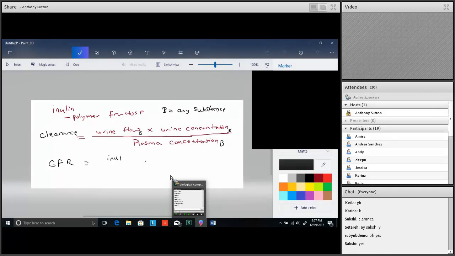Except all we do is replace inulin, right? The urine flow of inulin times the urine concentration of inulin over the plasma concentration of inulin. So now, just by changing inulin, that's what it is.